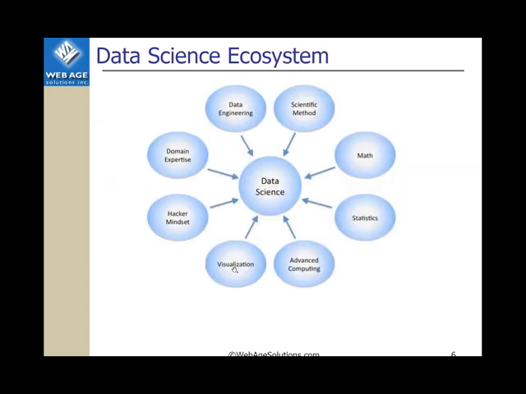A very nice slide, which I guess puts everything in just one place, centered around data science. Data science derives different pieces from a number of disciplines and areas, such as math and statistics on the right, as well as domain expertise. It's critical because you need to know what you are analyzing: garbage in, garbage out, right? Data engineering, scientific method.